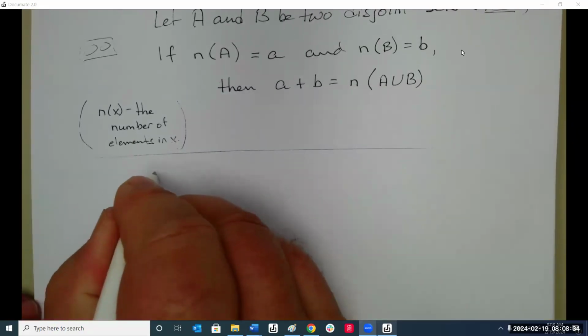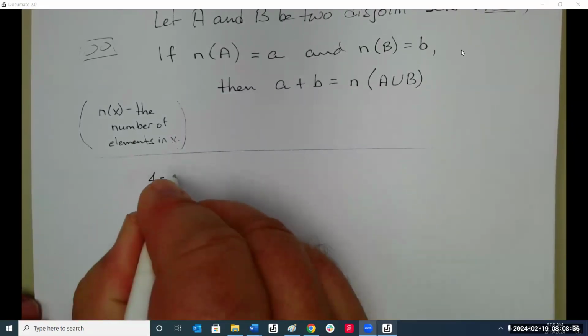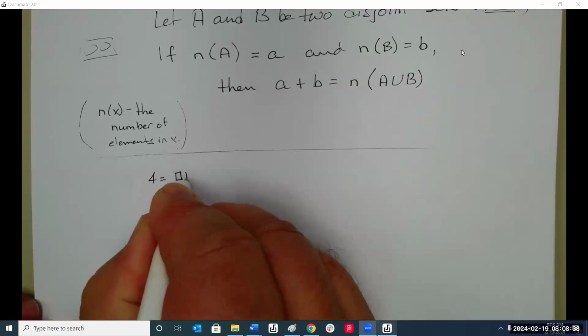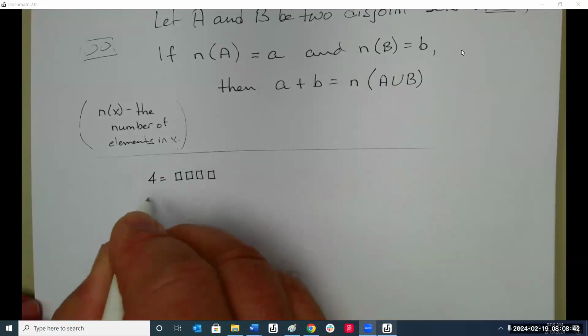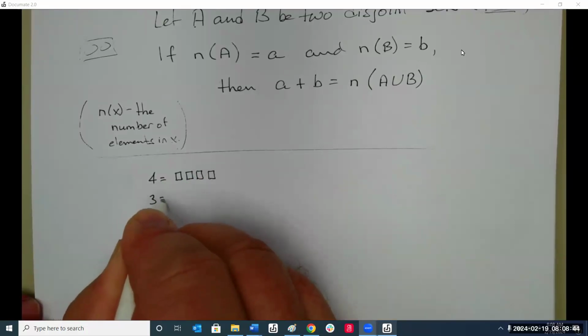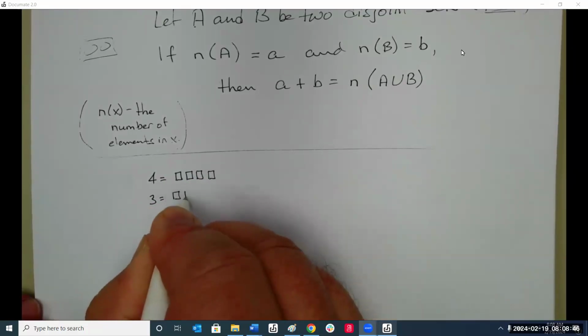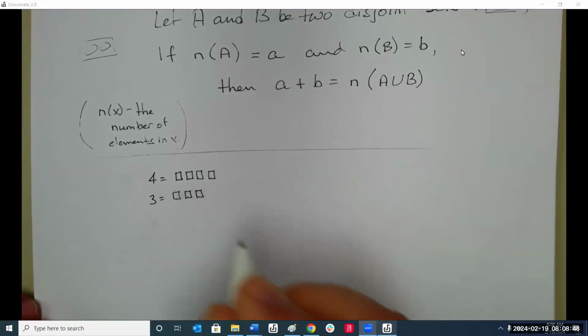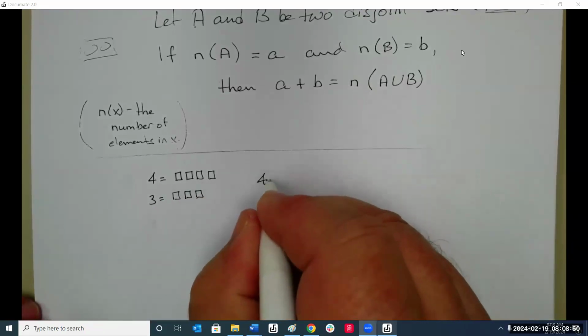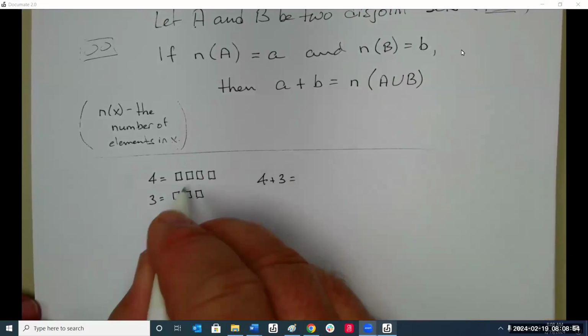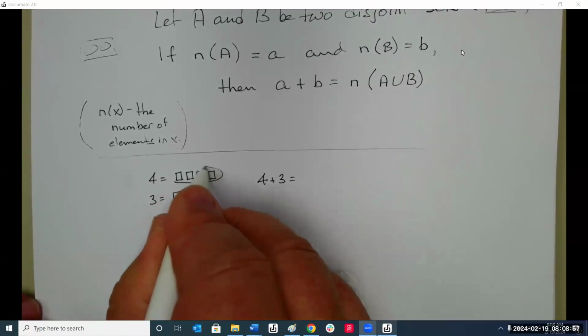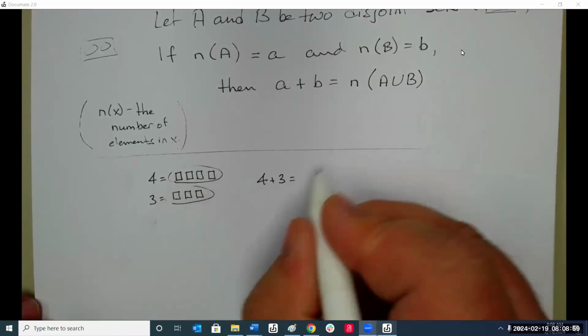When we say that 4 is represented by 4 little blocks, and 3 is represented by 3 little blocks, if we have 4 plus 3, then it's the union of this set and this set.